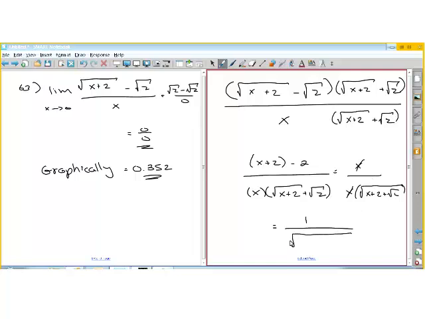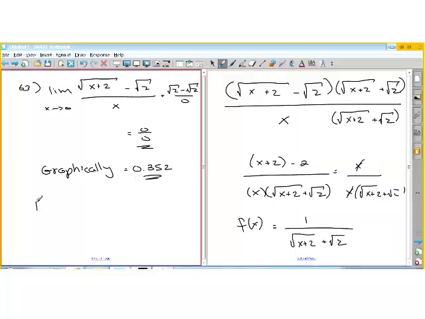So we can, I just realized I think I wrote that wrong. There we go. So anyway, you get the square root of x plus 2 plus the square root of 2. So that's my function, kind of my modified function.